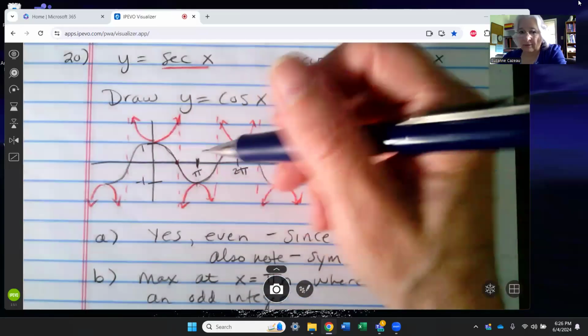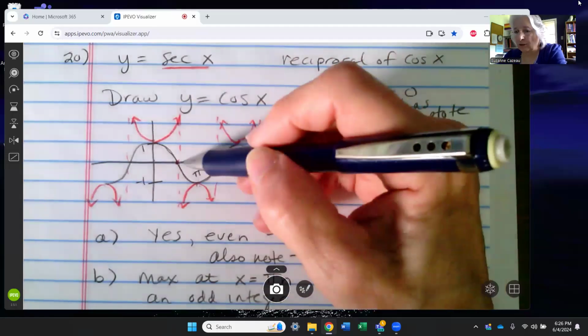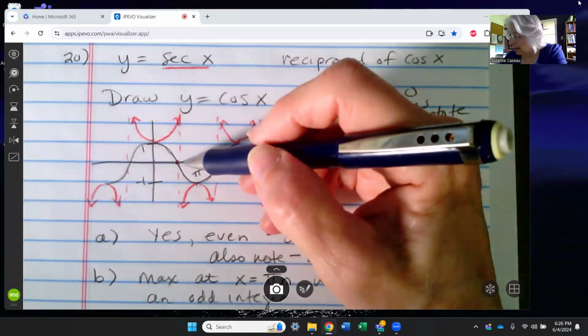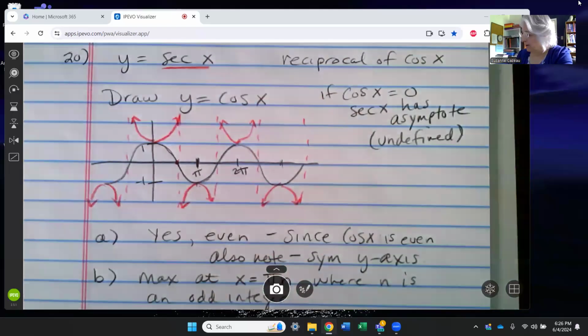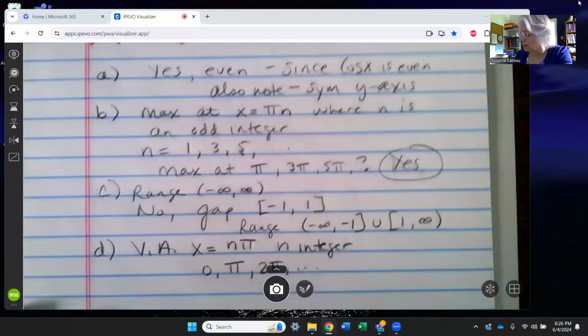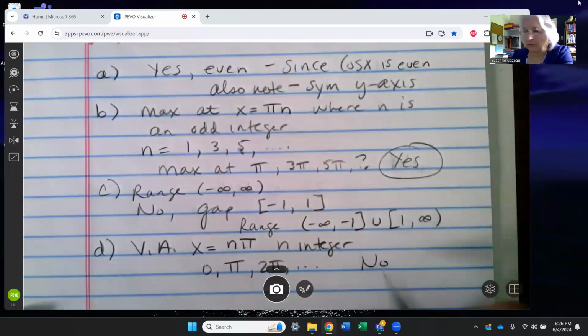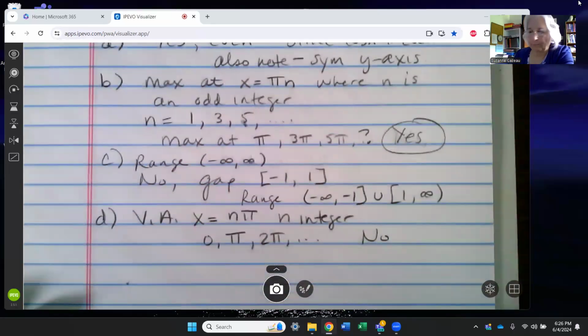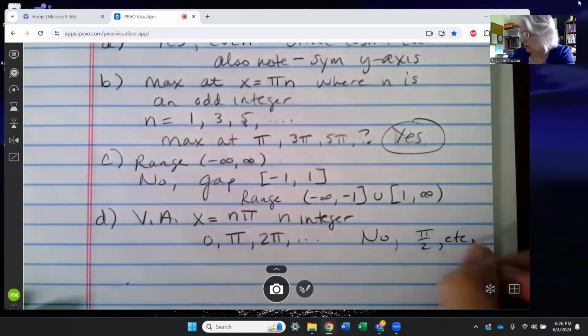Well, now that I've labeled my graph correctly, this is pi over 2. So the vertical asymptotes are at pi over 2, not pi. So the answer is no, just looking at the graph. Pi over 2, etc.